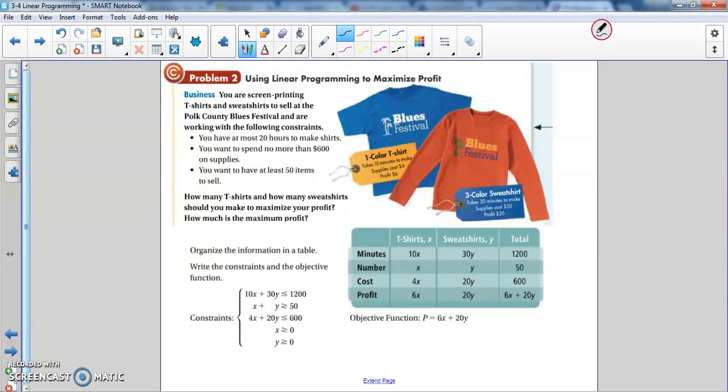Then we have a total of 20 hours. Since we're in minutes and in hours, we need to convert that 20 hours into minutes to make it 1,200 minutes. Then our next constraint is we don't want to spend more than $600 on supplies.